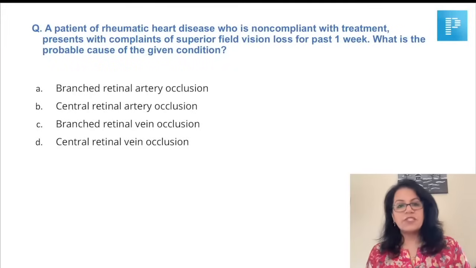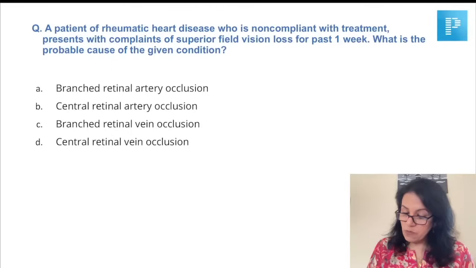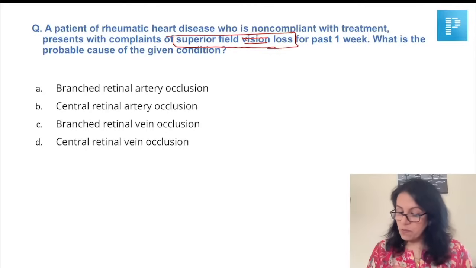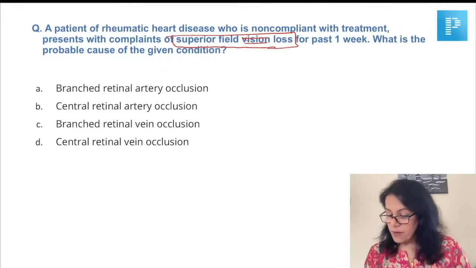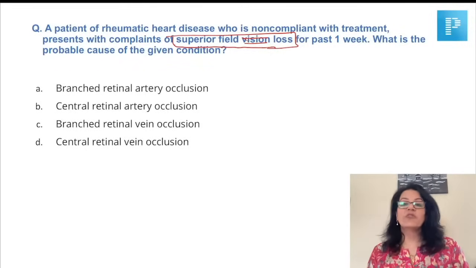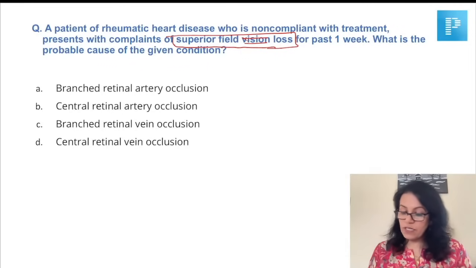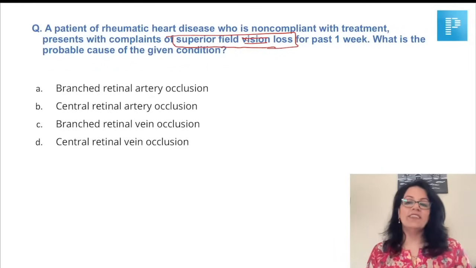We come to the next question. There is a patient who has a rheumatic heart disease, non-compliant with the treatment, presents with complaints of superior field loss for the past 1 week. So there is a scotoma here, right? So what is the probable cause of the given condition?